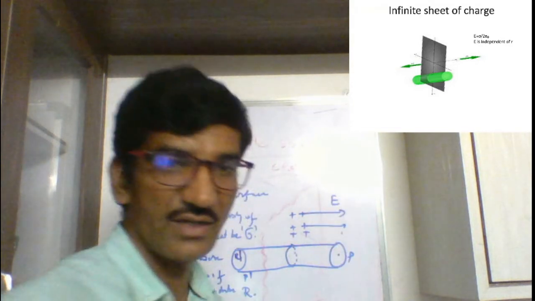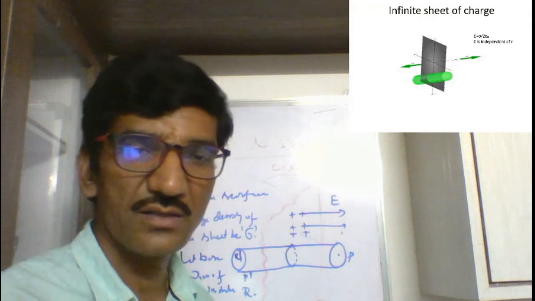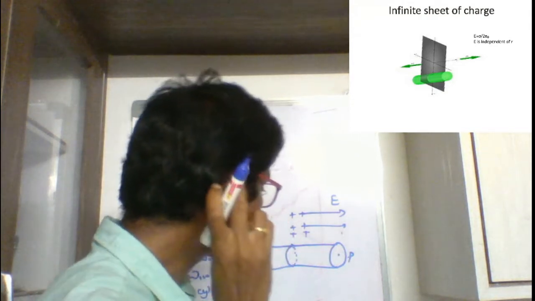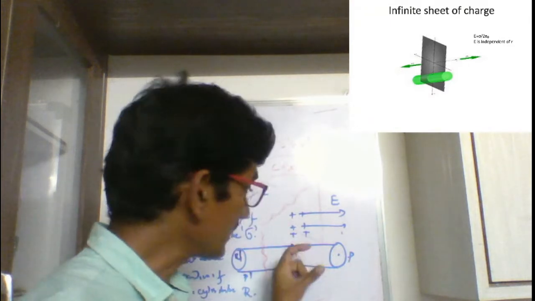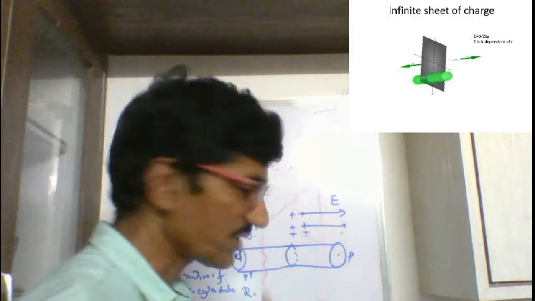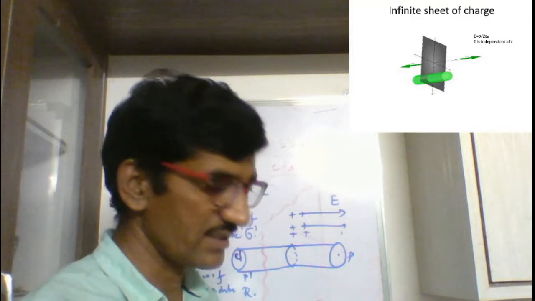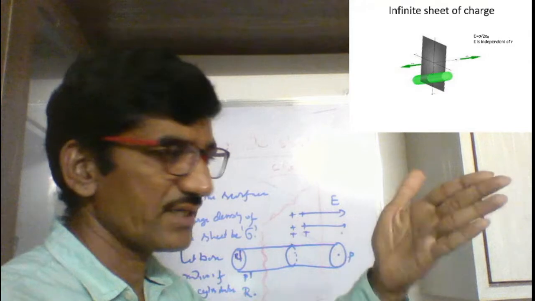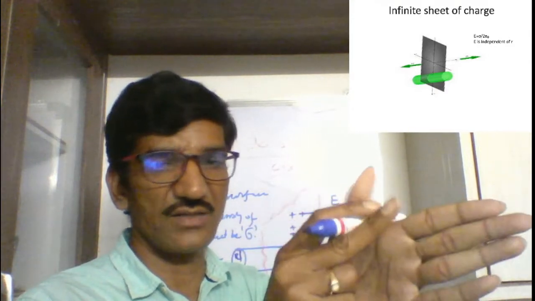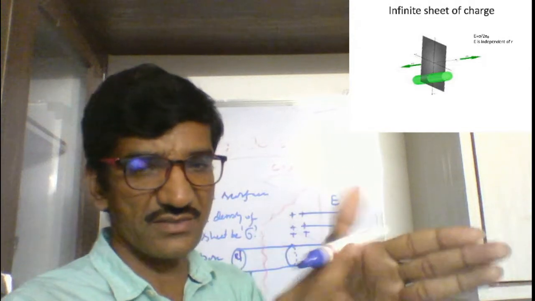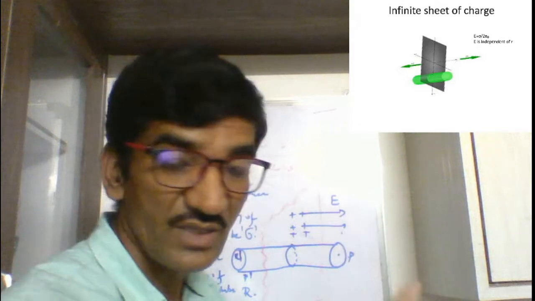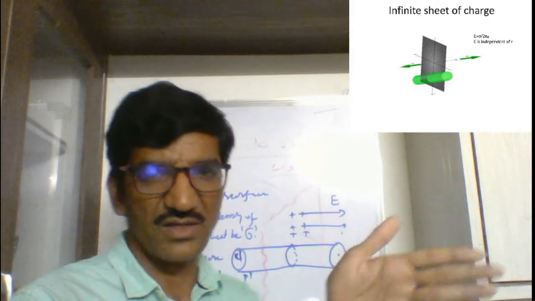These are the electric field lines due to the charge on the infinite sheet of charge. Now you see this imaginary cylinder is perpendicular to this plate. Half of it is on this side, half on this side, passing through this infinite sheet of charge or plate.